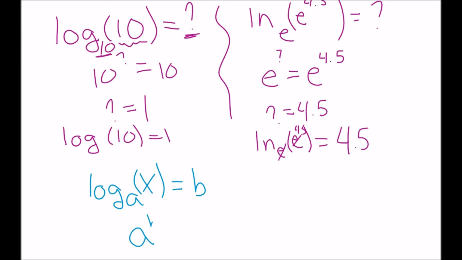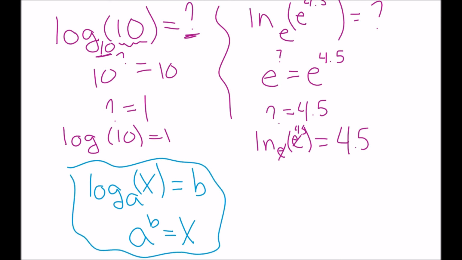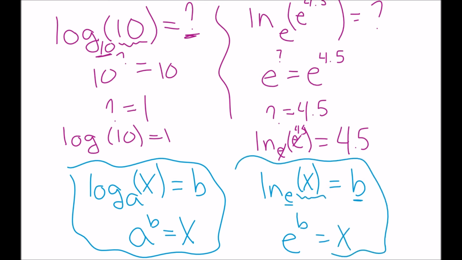And we knew that a to the b equals x. And this rule will always work for your logs. And for your ln's, it's a similar rule. We have ln of x equals, we're going to say b again, and it's the same rule, e to the b equals x. So these rules will never let you down. They are your new best friends. And that concludes our introduction to logarithms.